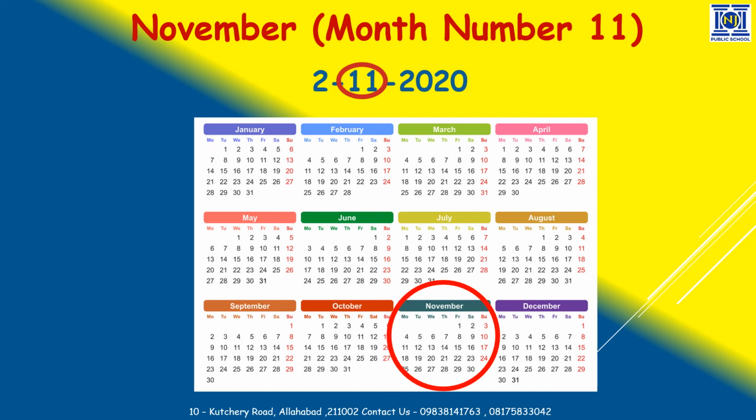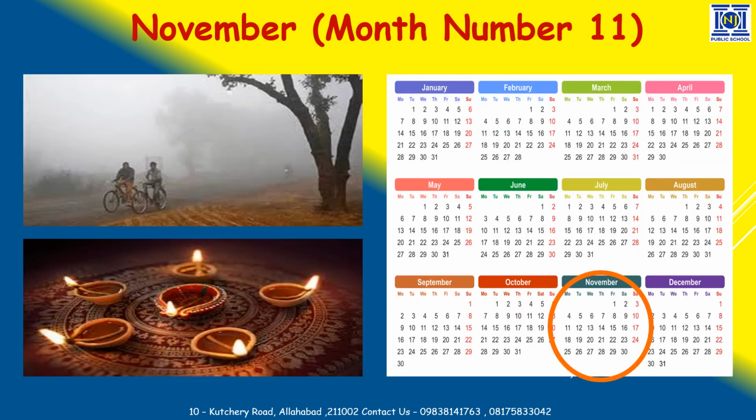You will read it as 2nd November 2020. In the month of November, the winter starts coming in. It is quite foggy everywhere, and we also celebrate Diwali during this month of November.